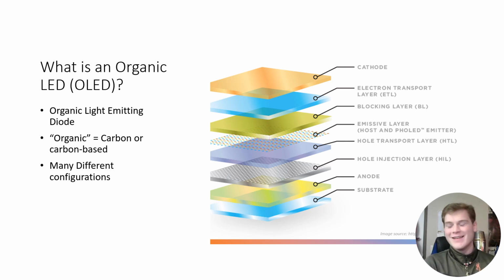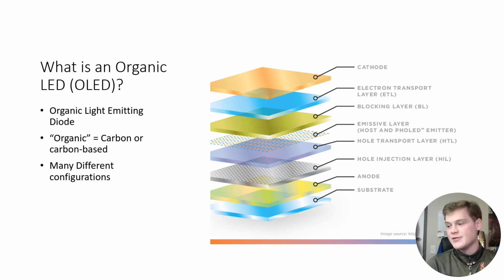But actually, within an organic LED, it uses a lot of different polymers, compounds, and mixtures with different properties that help assist in each phase of an organic LED that contribute to it producing light.